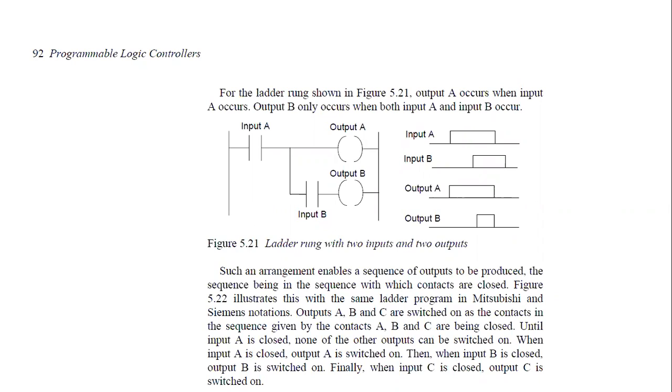And please note that input B does not interfere with output A. And the only time you're going to have an output at B is when you have both the inputs, that is input A activated and also input B activated. You can draw those diagrams.